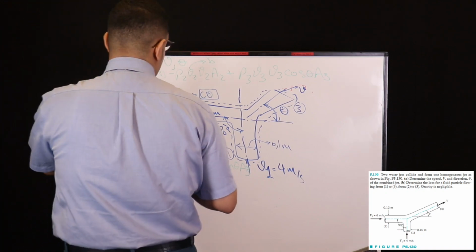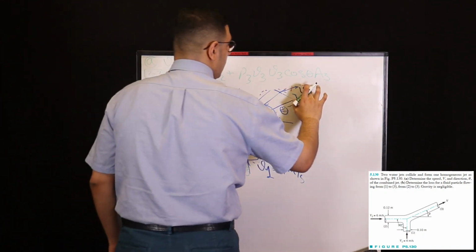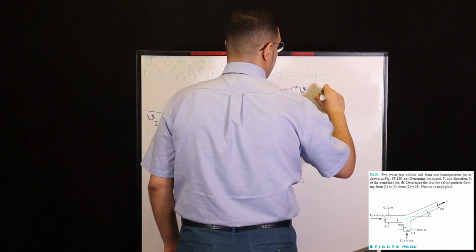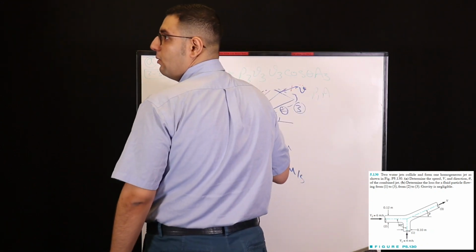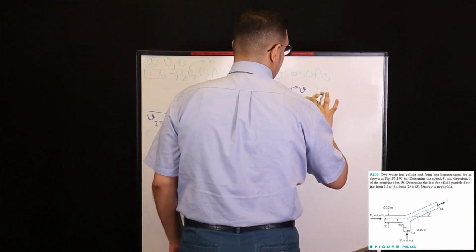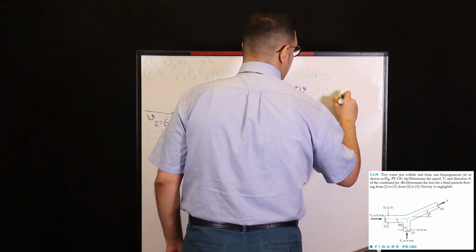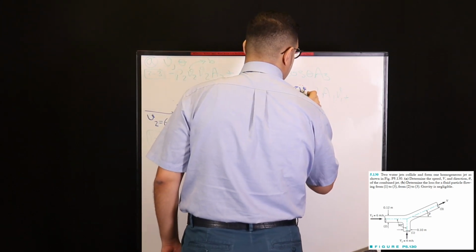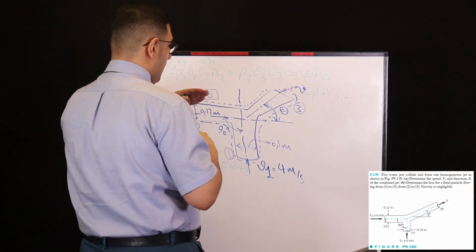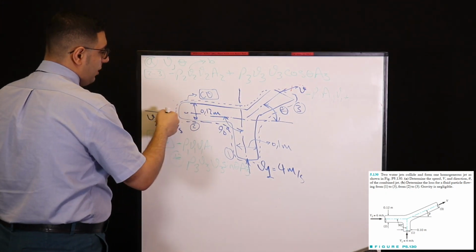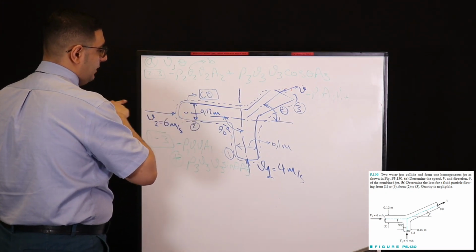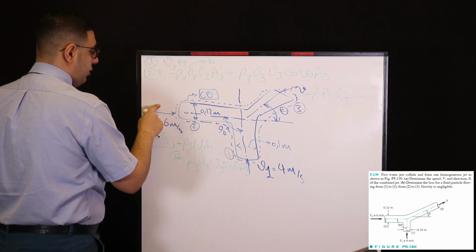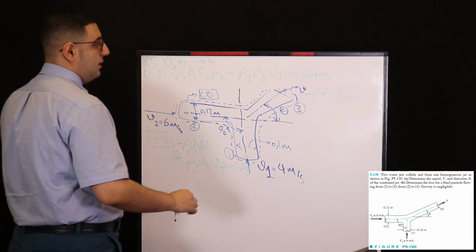And also the conservation of mass, which means rho1 A1 V1 plus, this is a minus because we have the normal direction and the velocity direction in both sides of region 1 and region 2 are in the opposite direction.